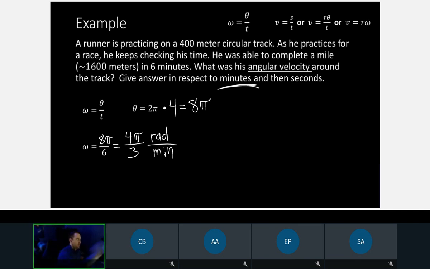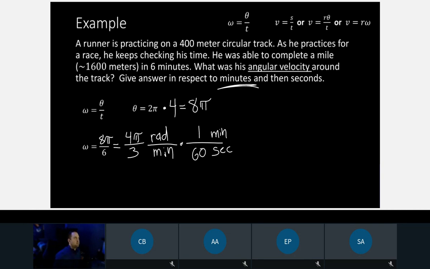I want to get rid of minutes and I want seconds, right? So how many seconds are in a minute? 1 minute, 60 seconds.